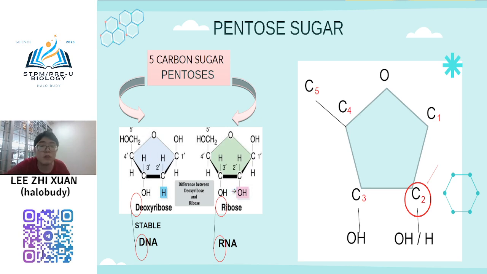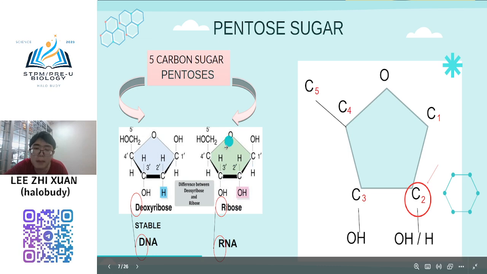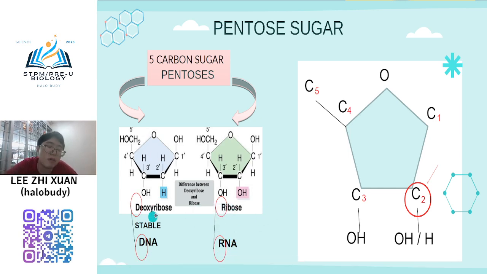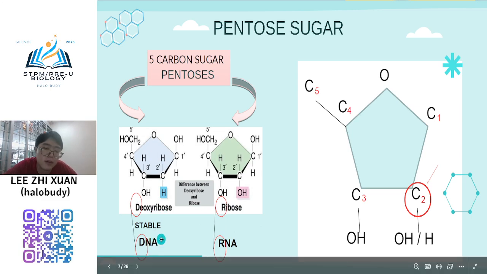So when you draw the monomer of nucleic acid, you need to be careful. One has a hydroxyl group; this one is RNA, ribose sugar. That is why we call it ribonucleic acid, ribo. And this one is deoxyribonucleic acid, because of deoxy.